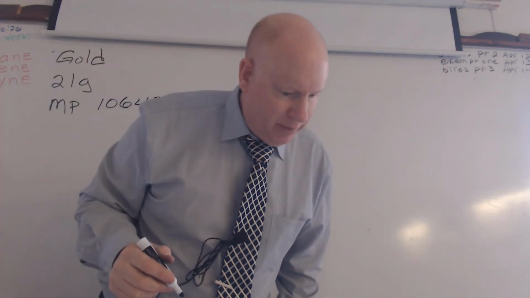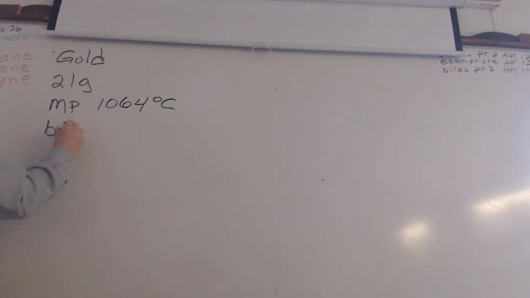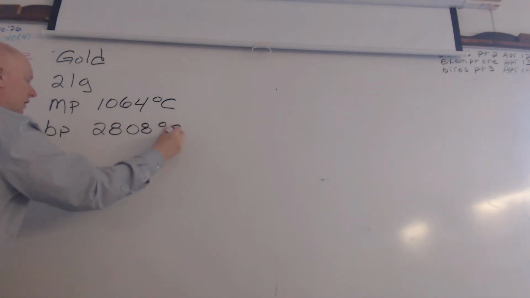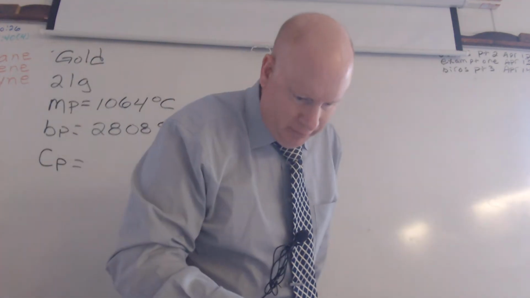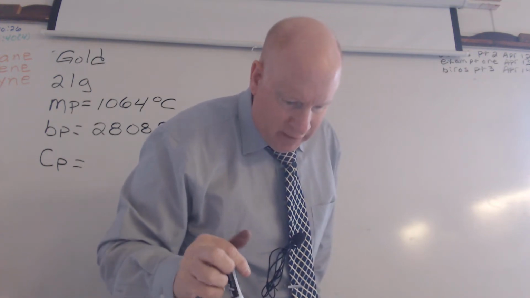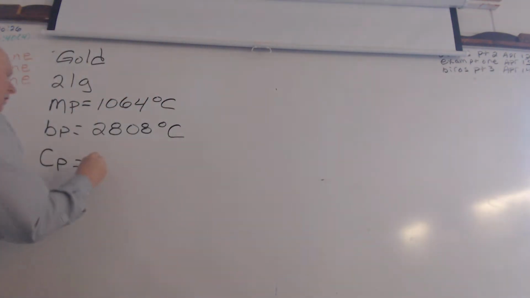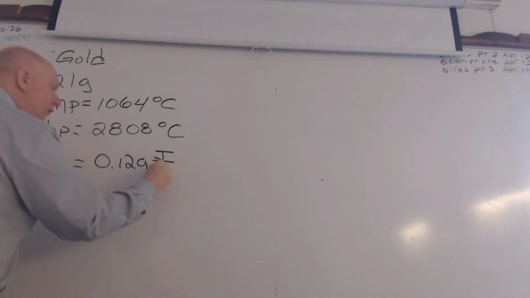The boiling point is 2808, again degrees centigrade. Then we need a specific heat. Specific heat for gold is 0.129 joules per gram degrees Celsius.